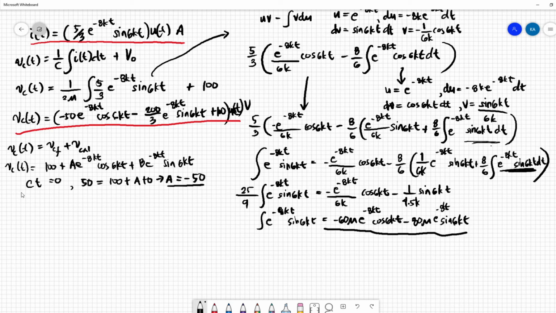Now, solving for the value of B, at t equal to 0, dVc/dt at 0 equal to 0 equals negative alpha A plus omega d B. Solving for the value of B, we have B equal to negative 200 over 3.